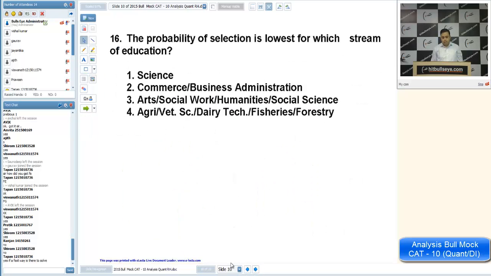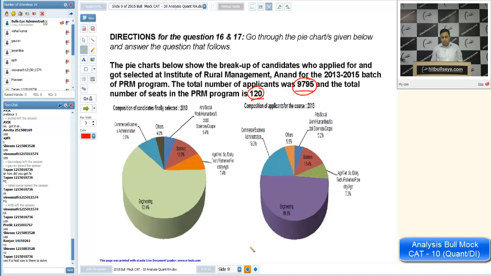For example, if I am talking about the science stream, in science there were 13% people who have been qualified, whereas the percentage of persons who have applied is 12%. So actually the question is 13.4% of 120 divided by 12% of 9795.